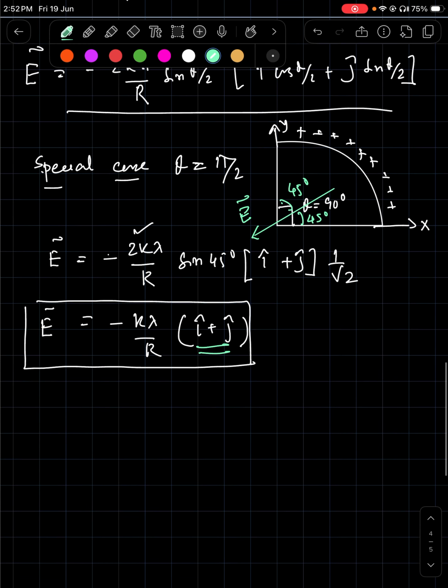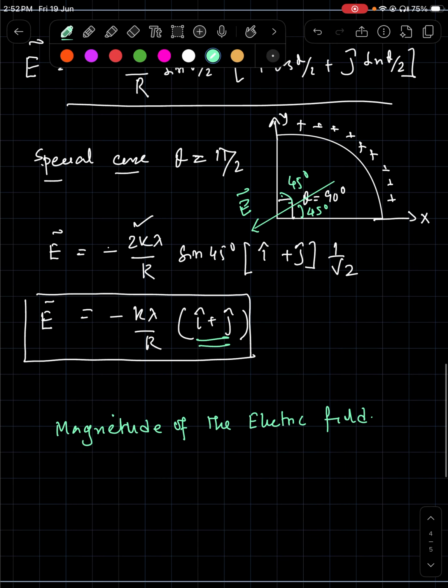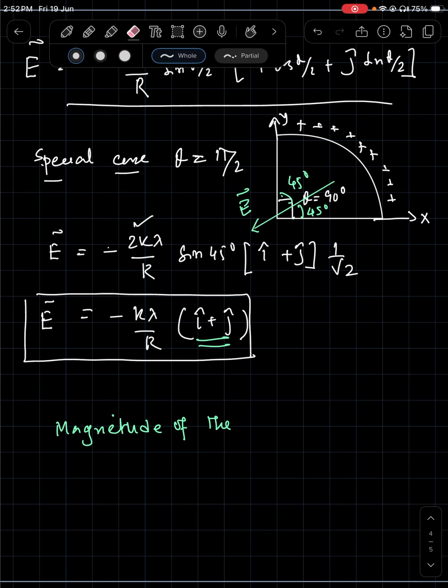For any arc having theta, that we have already found here. So if I take the magnitude, the magnitude of the electrostatic field. I should write electrostatic field, because there is a big difference between electric field and electrostatic field.